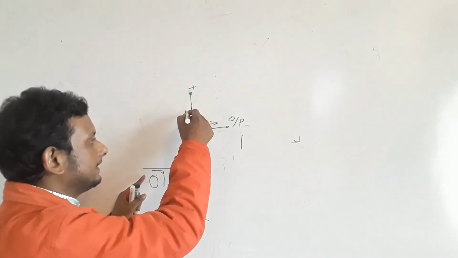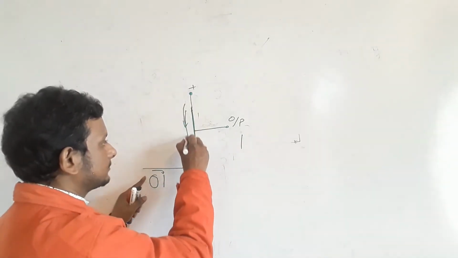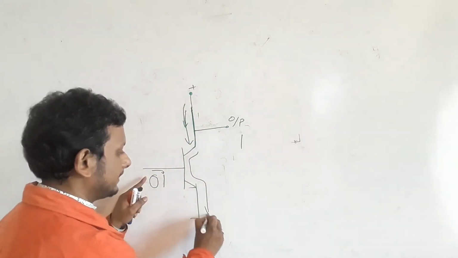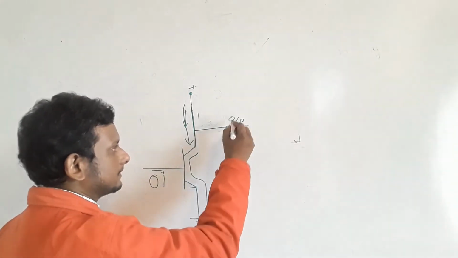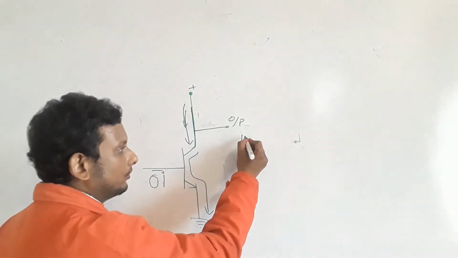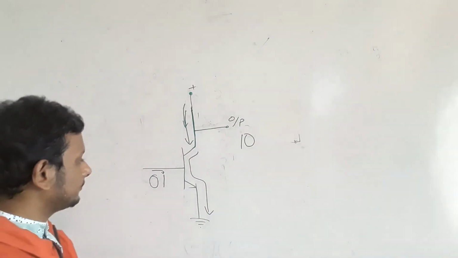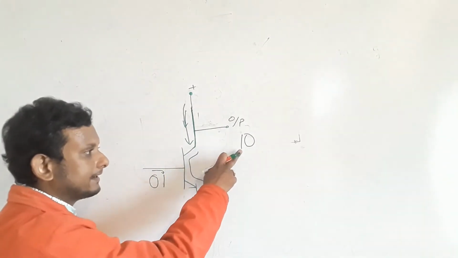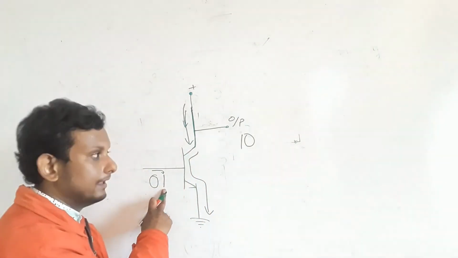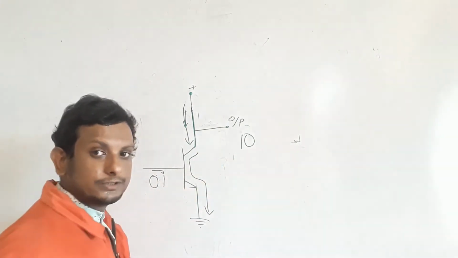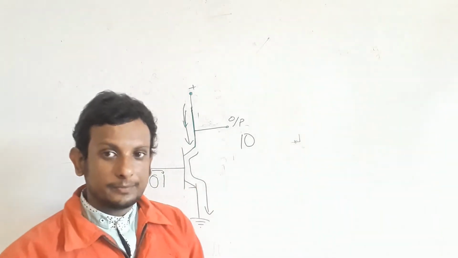Now this current can pass through the transistor and be grounded, so at the output terminal we will get 0. So when we apply 0 at the input we get 1 at the output, and when we apply 1 at the input we get 0 at the output. This is the basic concept of the NOT gate, and this is how we can easily develop a NOT gate using a transistor.